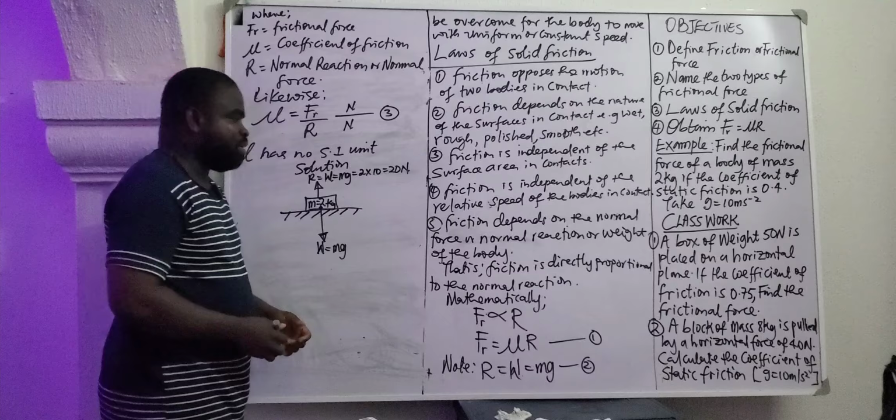For example, the surface may be wet, it may be rough, it may be polished, it may be smooth. Now, each of these types of surface gives you different friction. In fact, in surfaces that are very rough, the friction is always high. But in surfaces that are polished and smooth, the friction is less. So friction depends on the nature of the surface.